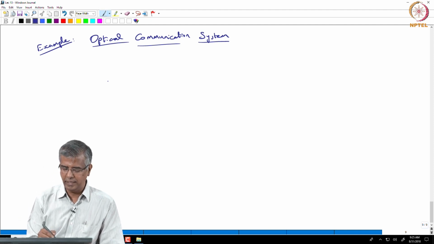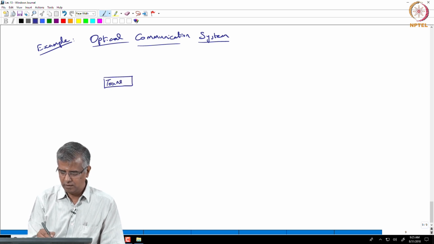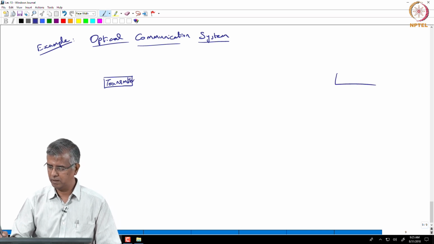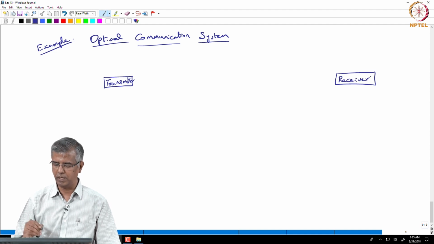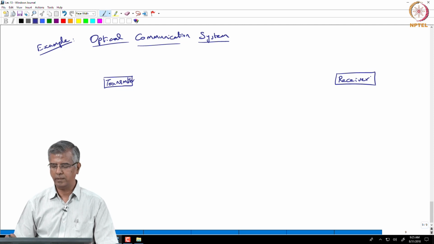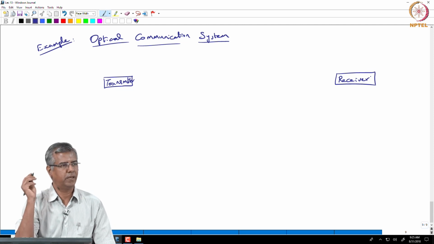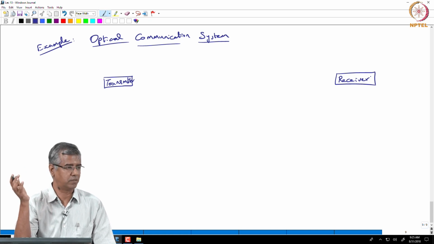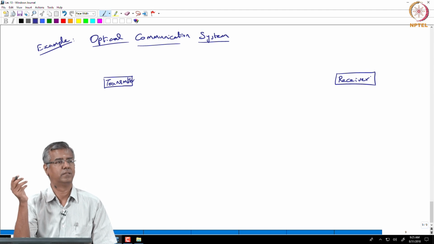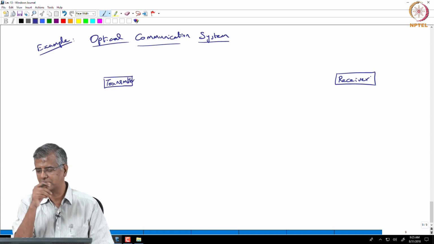And what exactly do we need? Well, in an optical communication, you have a transmitter, and then you may have a receiver, and the distances between the transmitter and receiver could be on the order of hundreds of kilometers, thousands of kilometers. We are talking about going across the ocean, Atlantic Ocean, Pacific Ocean.